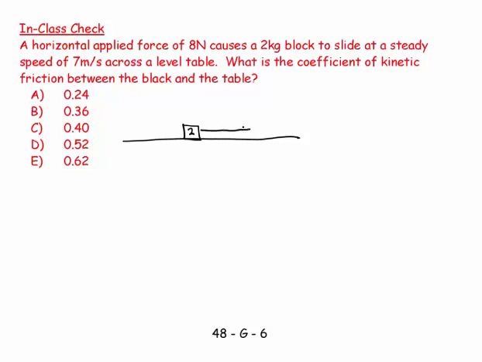I like to put my forces as pulling forces, so that's going to be 8 newtons, and I'm going to call it FA for F applied, and it causes it to slide at a steady speed of 7 meters per second. What is the coefficient of kinetic friction between the block and the table? Oh my word, that came out of nowhere. So I want to find my mu k.